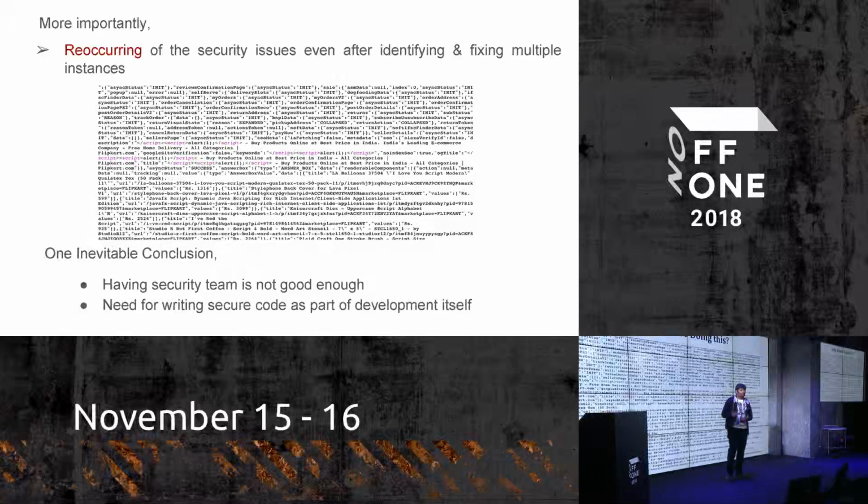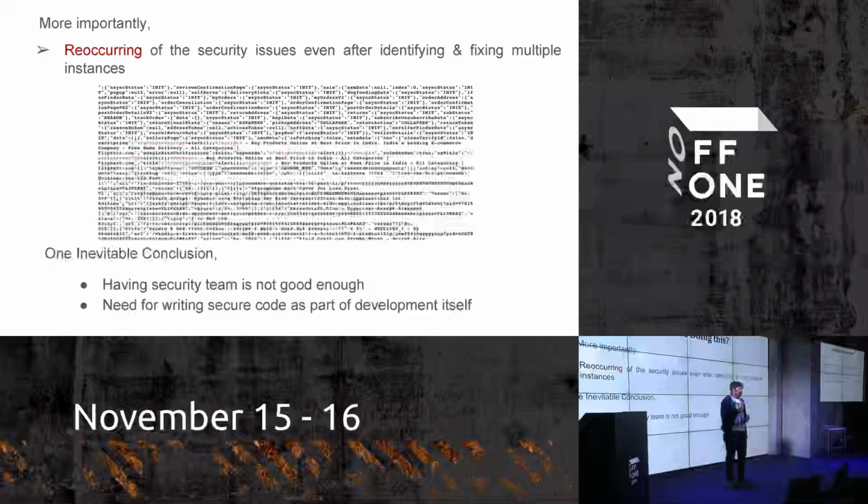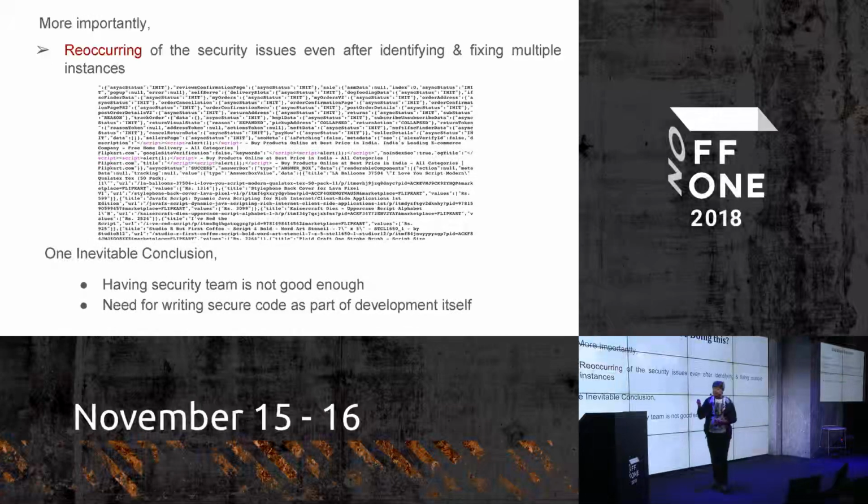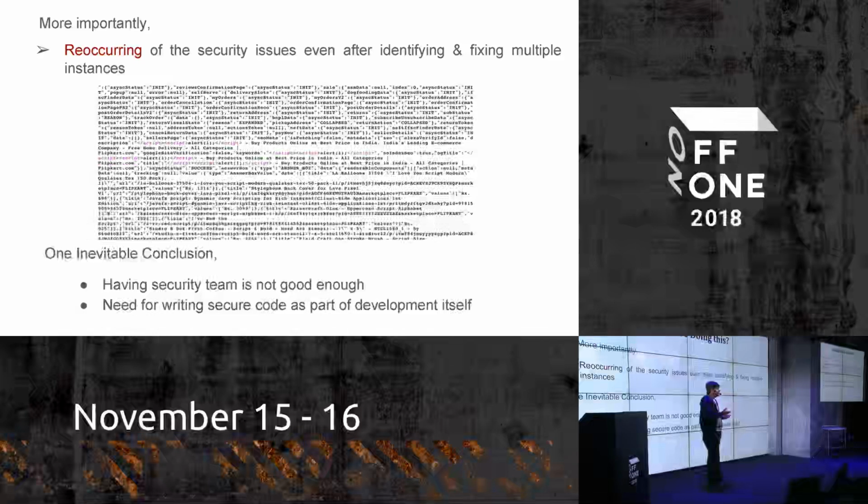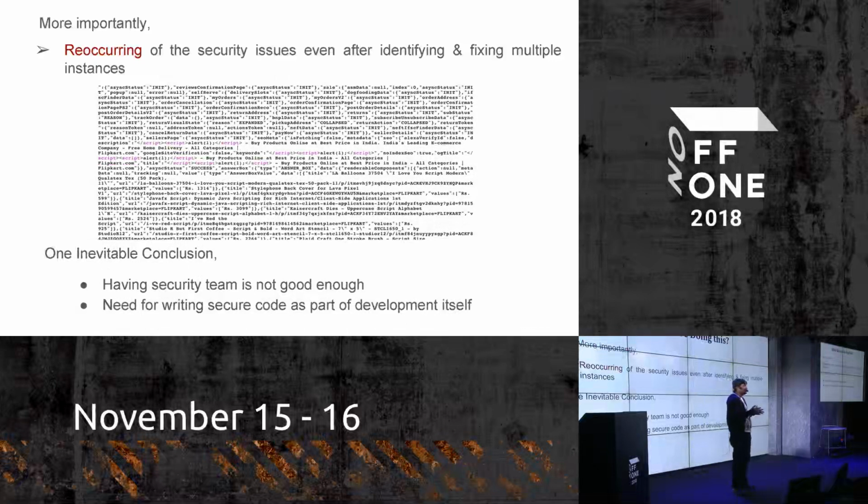The reason is that the developers are not understanding why the vulnerability is happening. So this comes to an inevitable conclusion that having a security team is not good enough. You need to make the developers part of the security. You need to make the developers write the security code as part of the development itself. That is the only way you can make these vulnerabilities not come back again and again.